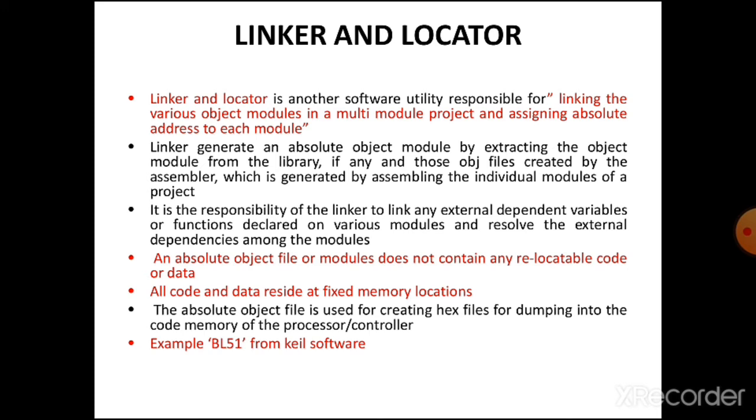An absolute object file or module does not contain any relocatable code or data. It contains only absolute addresses. That means all code and data reside at fixed memory locations. An absolute object module is used for creating hex files for dumping into the code memory of the processor or controller. An example of a linker or locator from Keil Software is BL51.